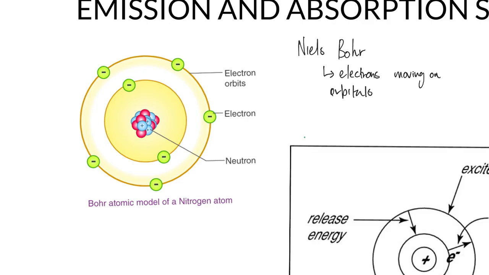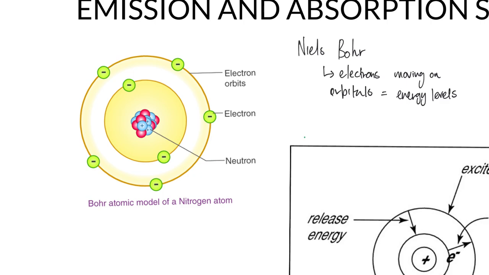Right? And he said that these orbitals are like energy levels. And depending on where an electron is situated, it has different types of energy.